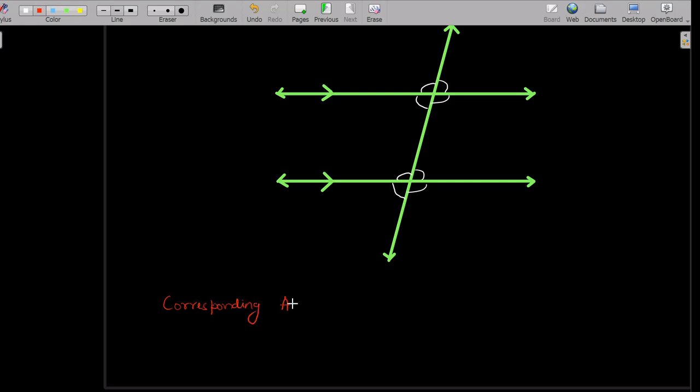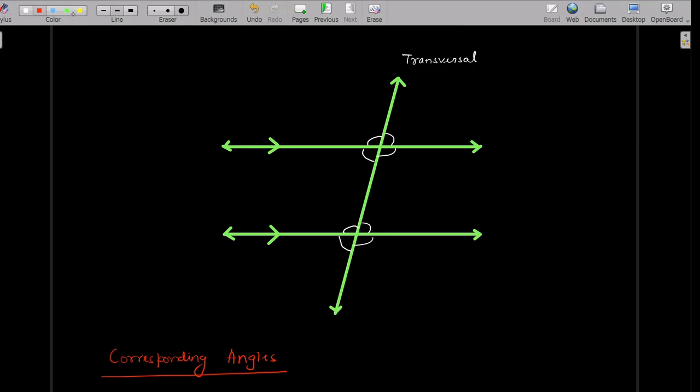Are you familiar with corresponding angles? Okay, so what I'll do is I'll give all of these angles some names. So 1, 2, 3, 4, 5, 6, 7 and 8.